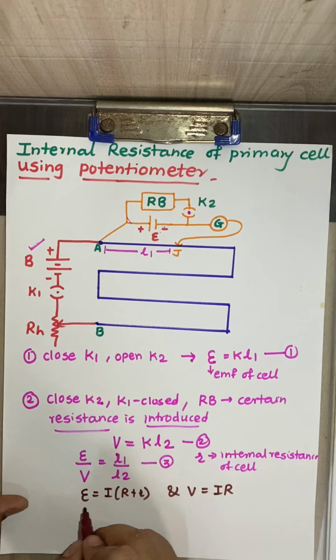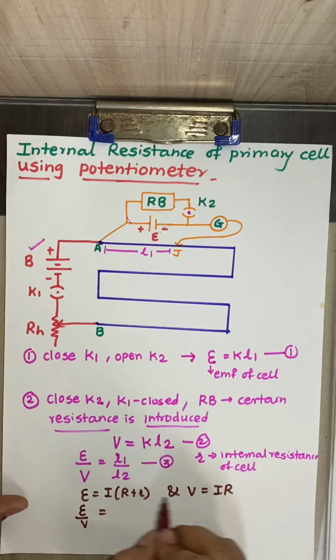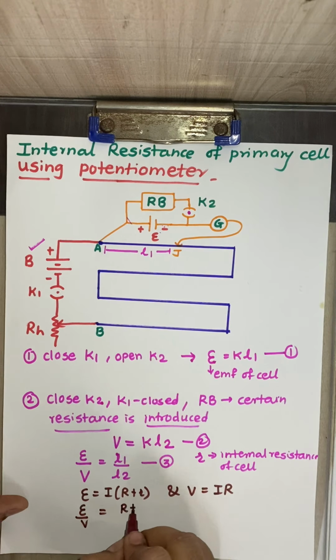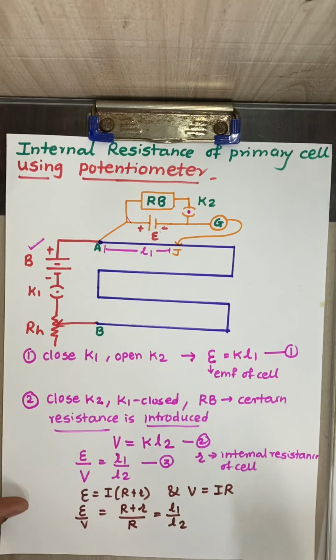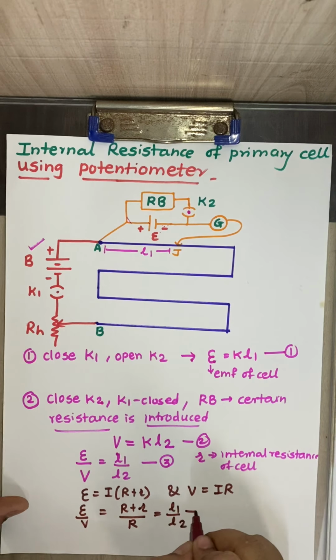Now again we have the equation E by V is equal to, the same current is flowing, so (R plus r) upon capital R. And as we have said, this is nothing but equal to L1 by L2. Now we will solve this equation.